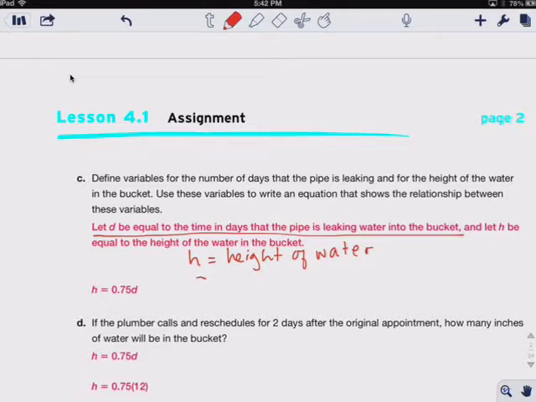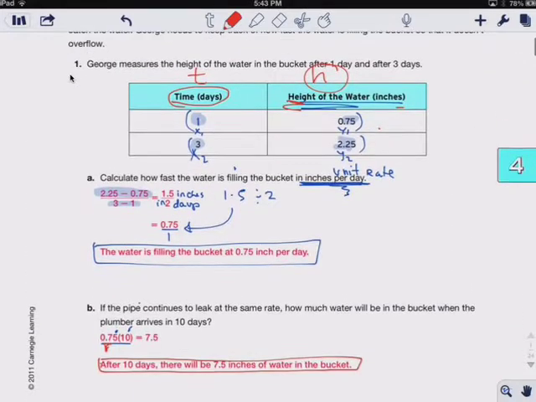Okay, T for time, how much time it is for the bucket to fill the water, in days.